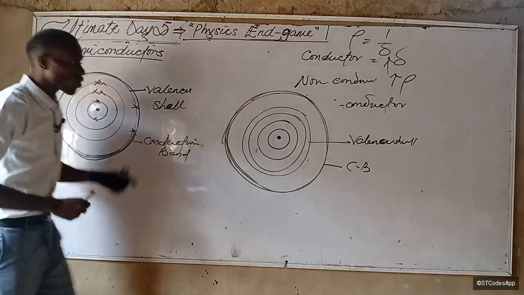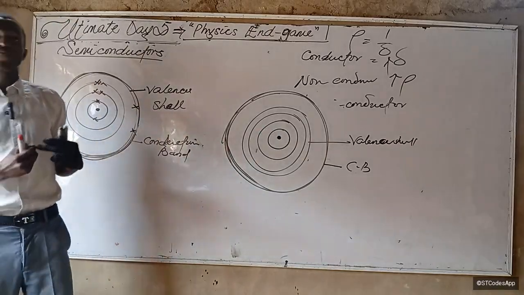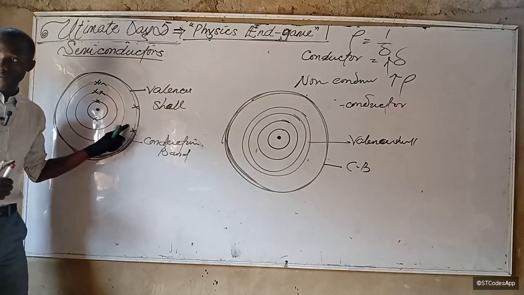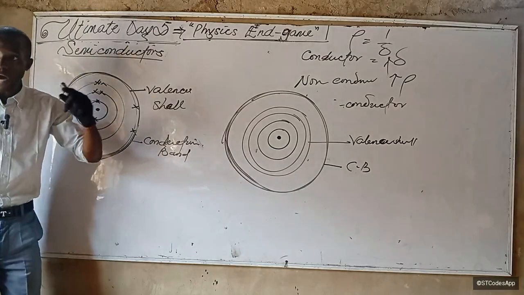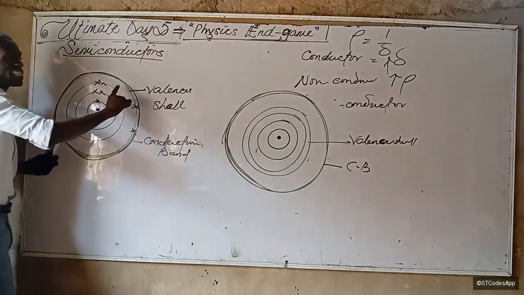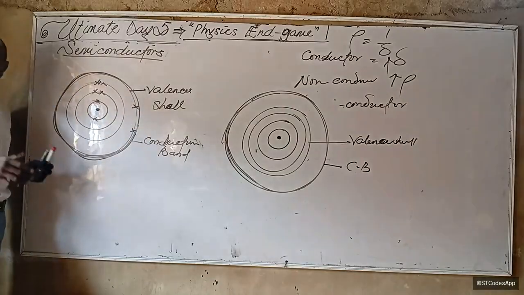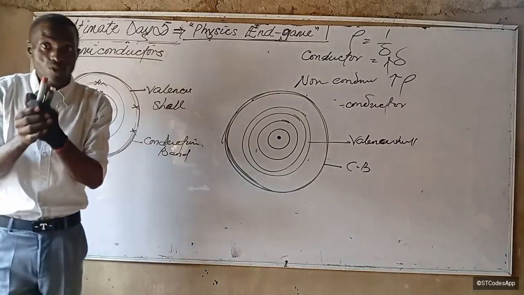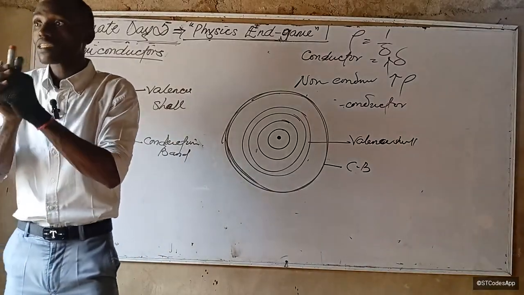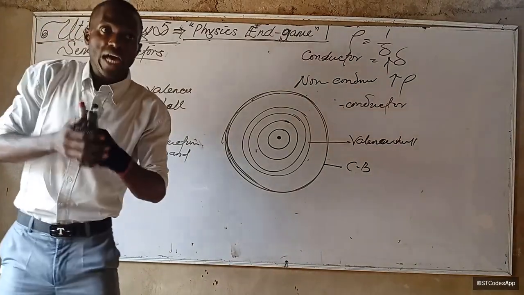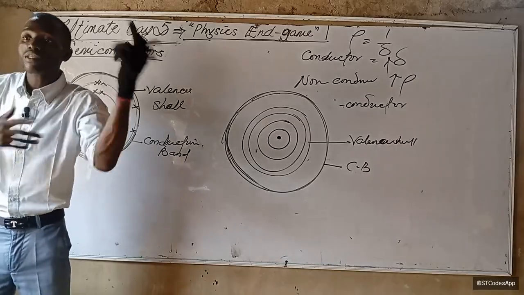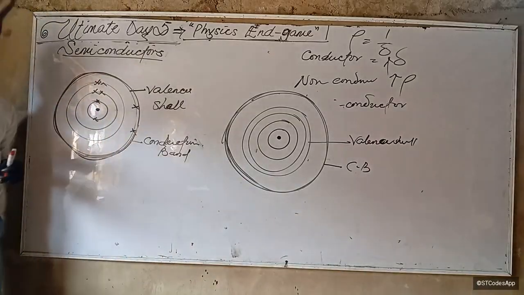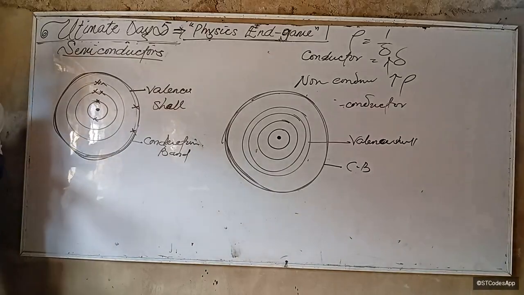So for a conductor, you don't need much energy before electrons begin to move out. Why? Because the conduction band and the valence shell overlap each other. They are so close that in some cases, such as in copper, they overlap. Because they overlap, electrons are free to move. An electron does not need much energy to escape into the conduction band. Are we clear?